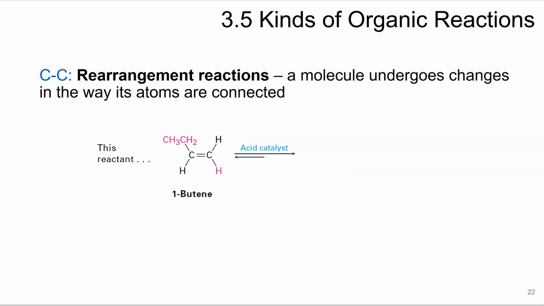We may also see rearrangement reactions where a molecule can change the way it's connected together. In the case of 1-butene, an acid catalyst acts upon that. So the double bond has shifted its location. So 1-butene becomes 2-butene. So we get an isomeric product.